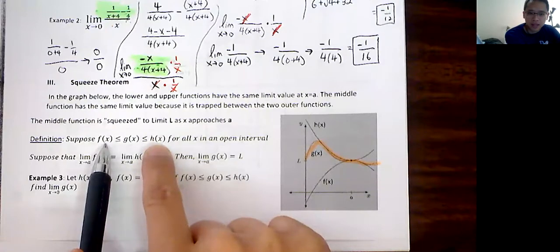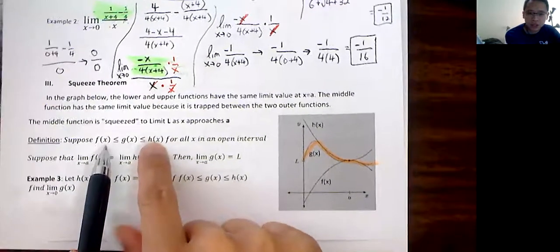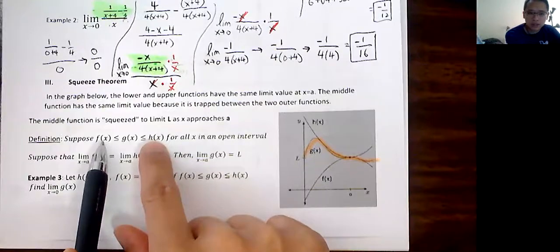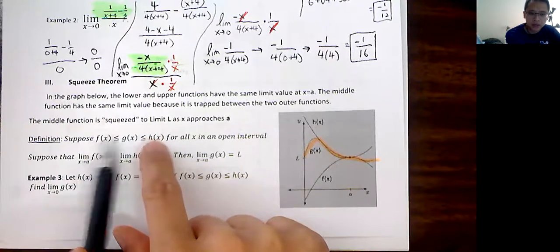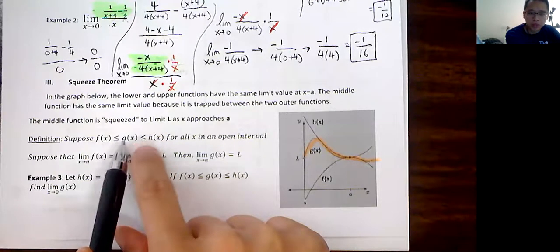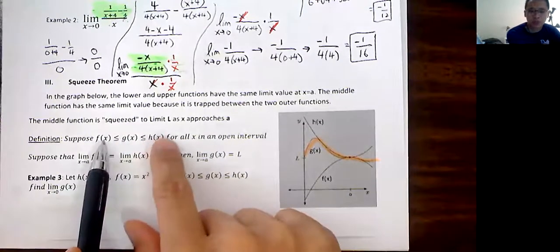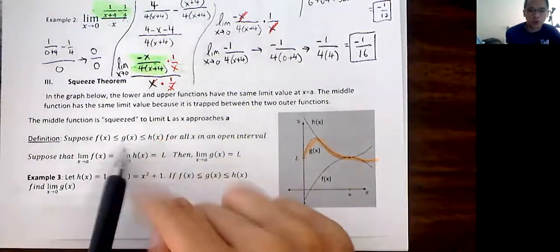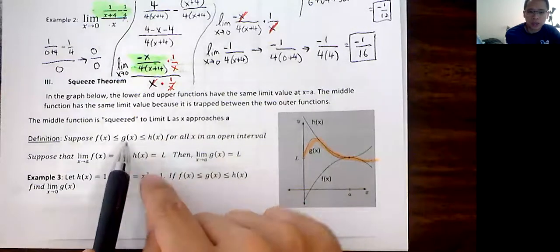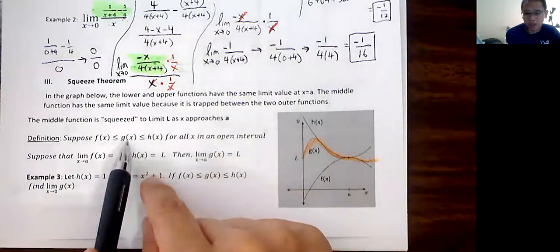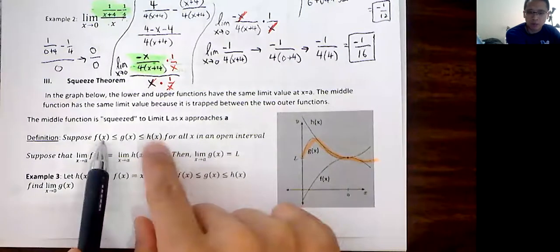And the idea is that if I can somehow show that the limit as x approaches a value for the lower and upper is the same, then g must also be that value because it's squeezed between the outer ones. This is useful for problems where we are either unable to find the limit or don't have enough information to find the limit, but we do have two anchor points to work with.